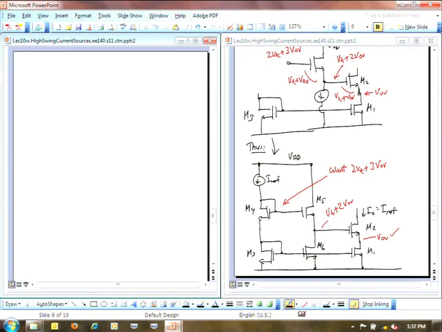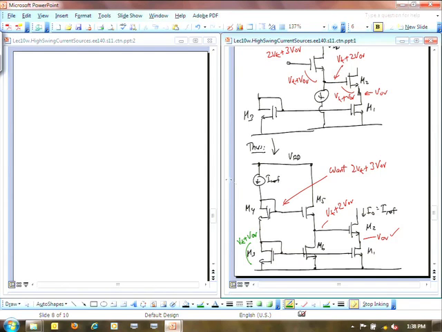So right now, if I had to really look at this, let me use green on this. What do I have? Across M3, I have a VT plus VOV. Okay? And in order to get 2 VT plus 3 VOV right here, I have to drop across M4. Did I say M4 before or M3? I mean, across M3 I have VT plus VOV.